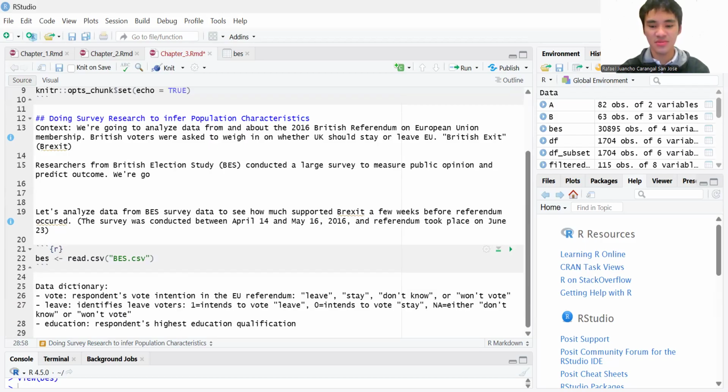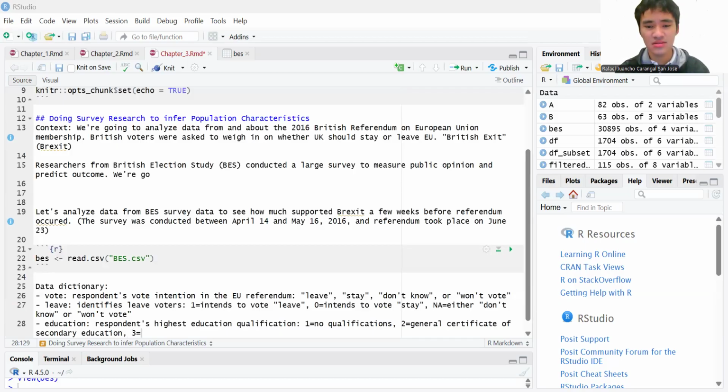And so what does that mean? It means that one is no qualifications, two is general certificate. So I'm assuming the bigger the number, the higher. Secondary.